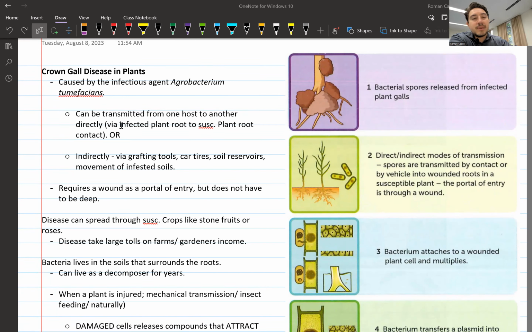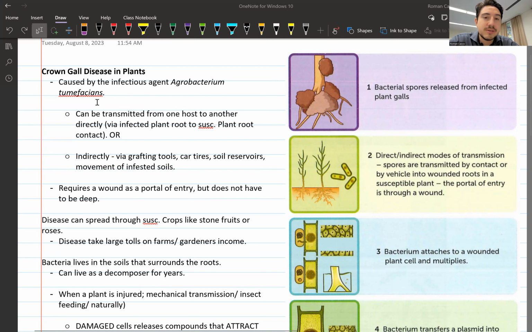We're focusing on a bacterium that you should be familiar with because we talked about it when we looked at modifying plants using bacteria. In this case, you have Agrobacterium tumefaciens. So of course, this crown gall disease is caused by this type of bacteria, Agrobacterium tumefaciens.